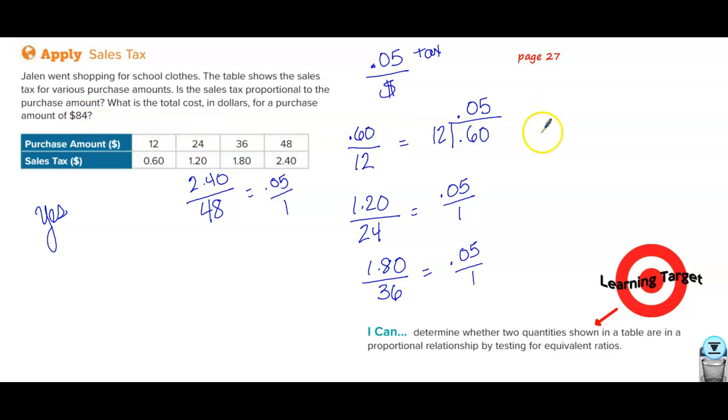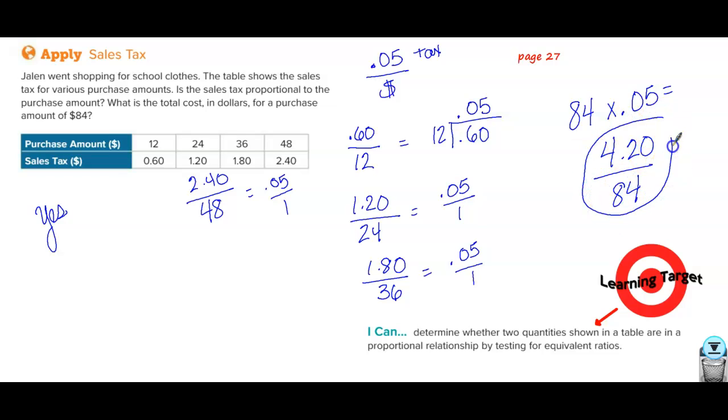If we spent $84 and we're paying 5 cents sales tax, we would multiply 84 times 0.05, and that gives us $4.20. So the tax would be $4.20 on an $84 purchase. That's our other answer.